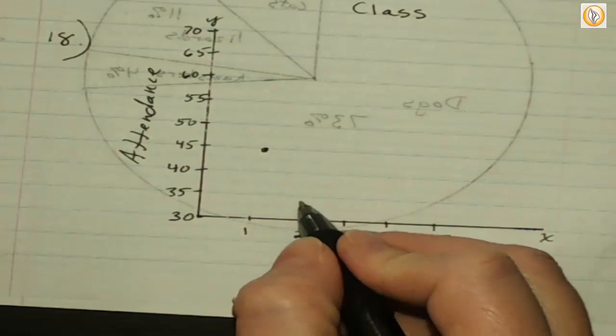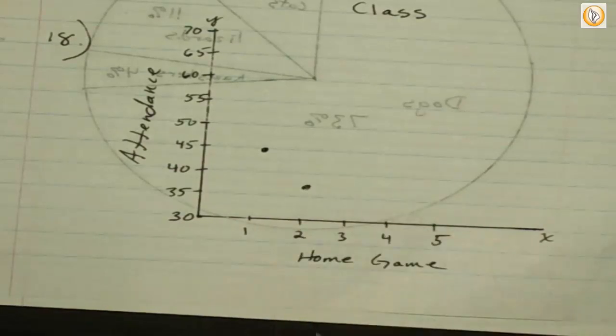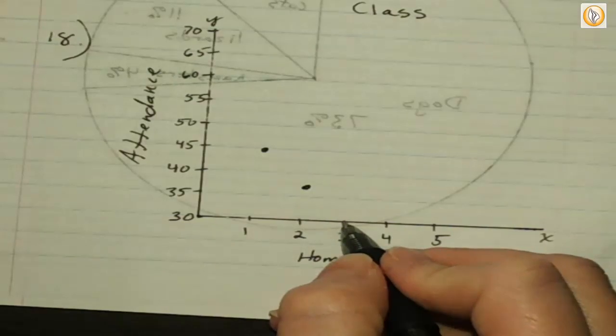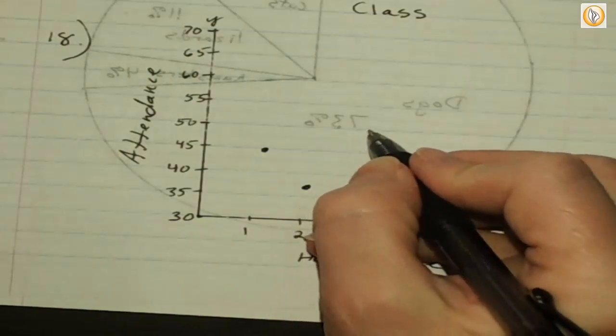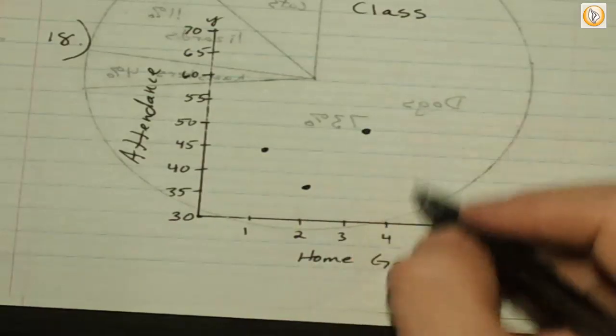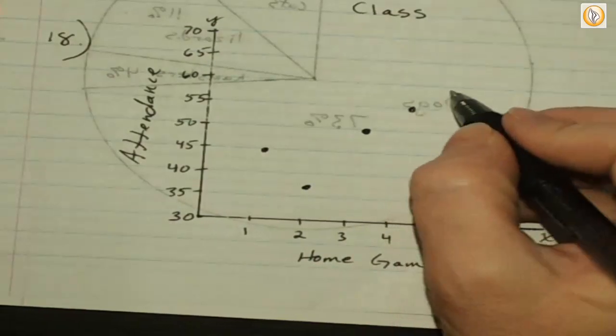Okay, so it's going to be between 35 and 40. So I'm going to put a dot like right there. Italia, home game 3. Very good. So we put a dot there and so on. Then 4 is 55. And then 5 is 60.